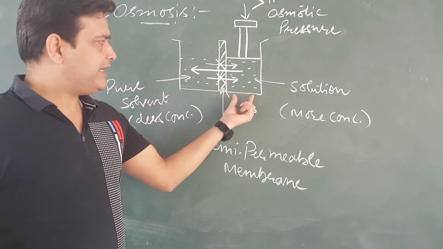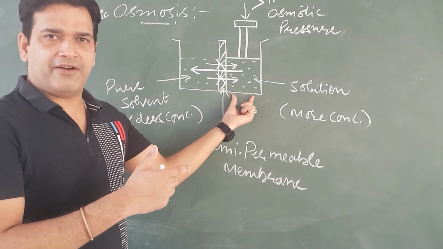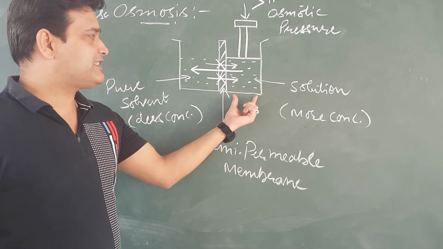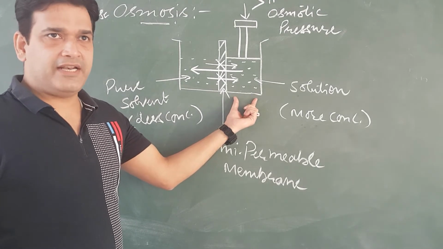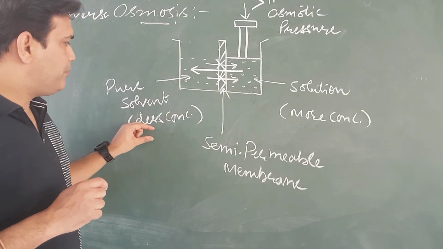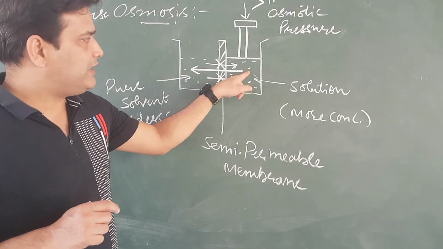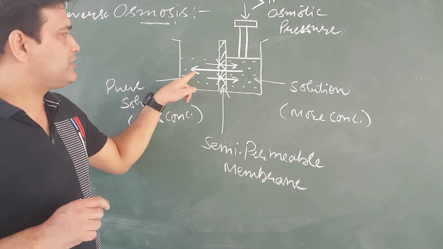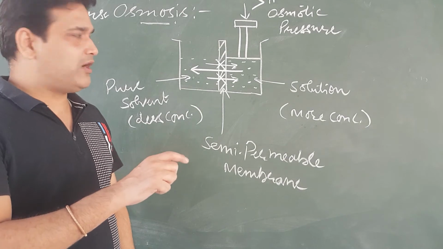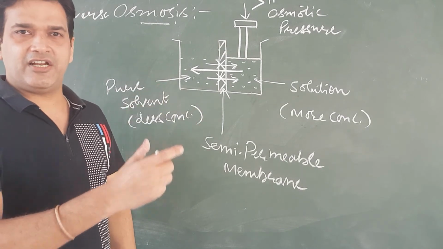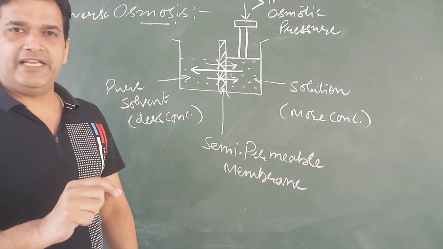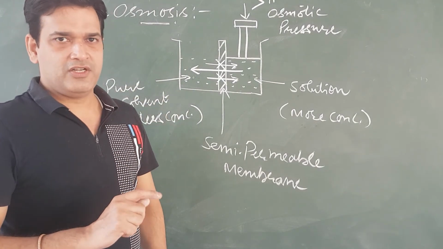And suppose in this container, if we have dirty water, if we have sea water, then from sea water to pure solvent side, only the solvent molecules move, and this process is called desalination of seawater.